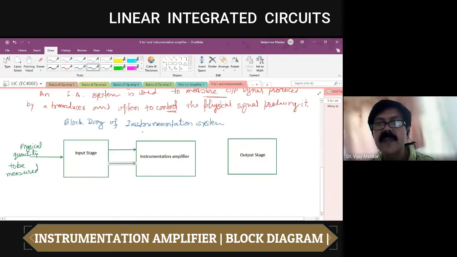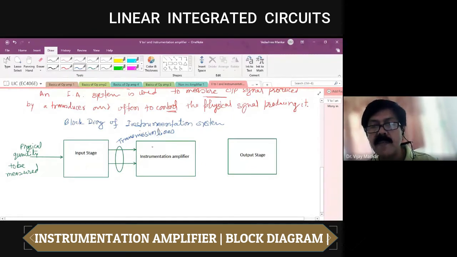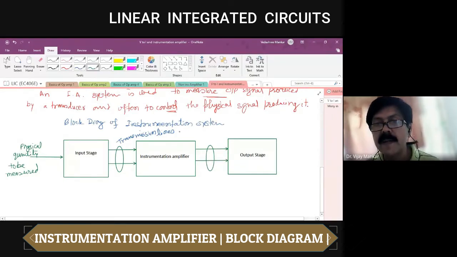So this is a transmission line. This is shown here as a transmission line. Why transmission lines? Because we are monitoring or maintaining this at a longer distance. Both are transmission lines.